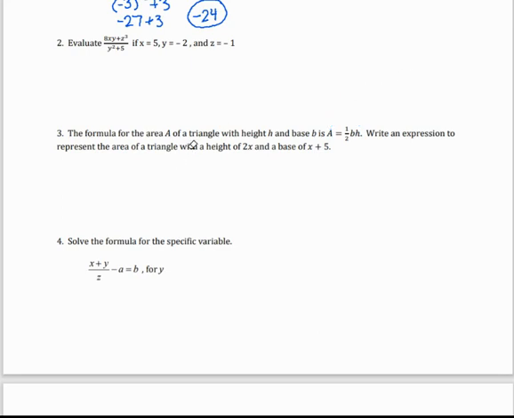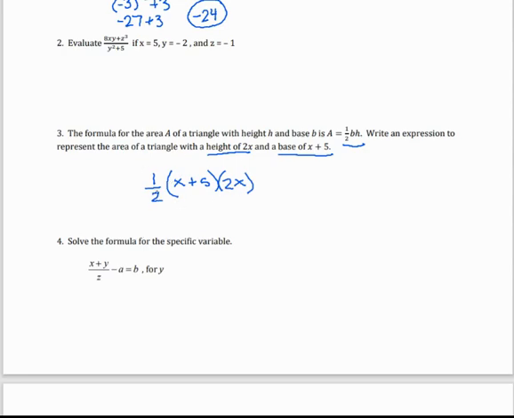Our expression is just going to be this part, okay, not the equal sign. So we're going to substitute in 2x for h and x plus 5 for our base. So we have 1/2. Our base is x plus 5, and our height is 2x. So there's an expression, and if we want to simplify that, we want to actually multiply through.